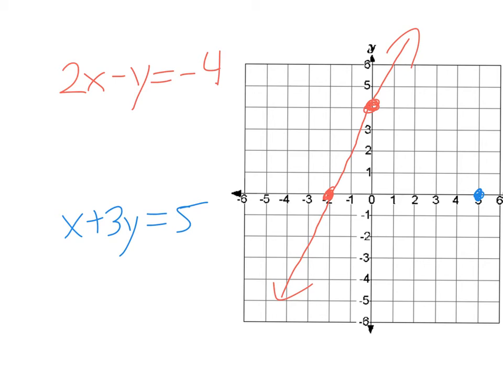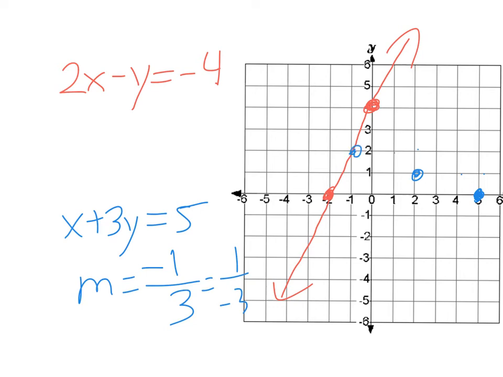And in this case, I have to look at the slope. The slope is going to be negative a, which is negative 1 over 3. But to go down 1 and over 3 is going to be tough on this graph. So I might flip it around a little bit and make this 1 over negative 3, which means I could start at the x-intercept, go up 1 and back 3, go up 1 and back 3.